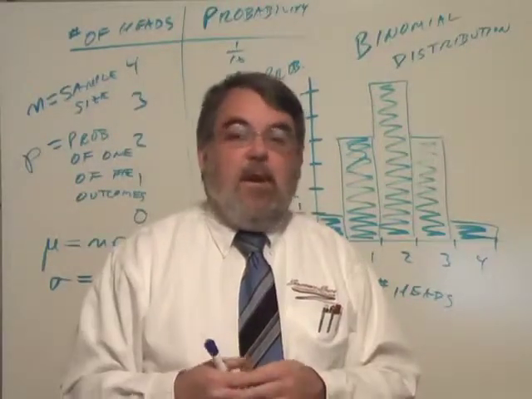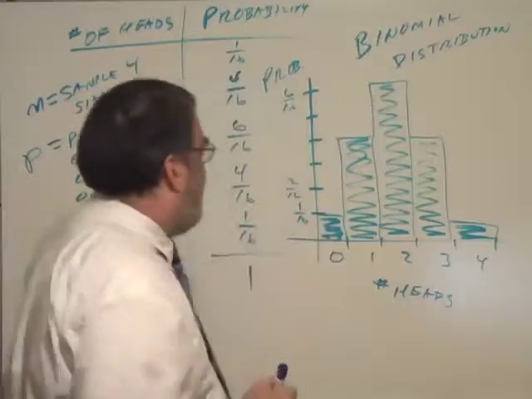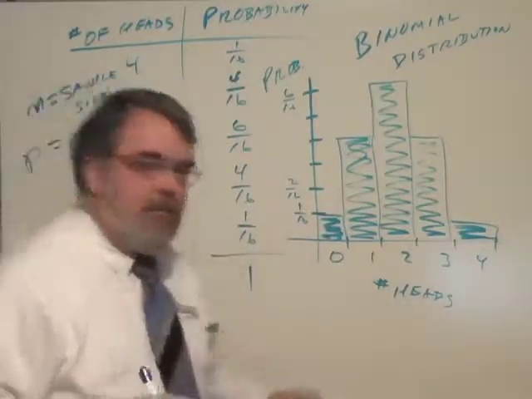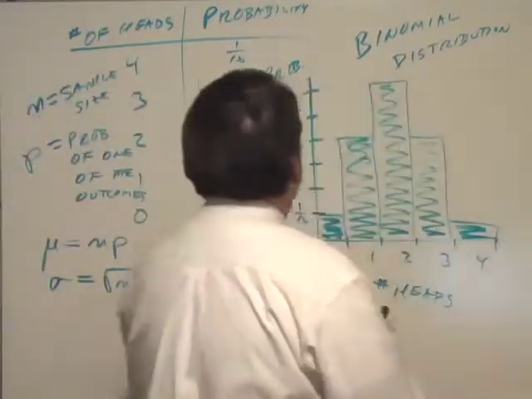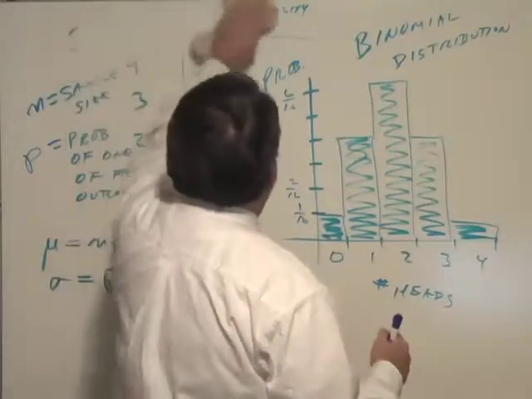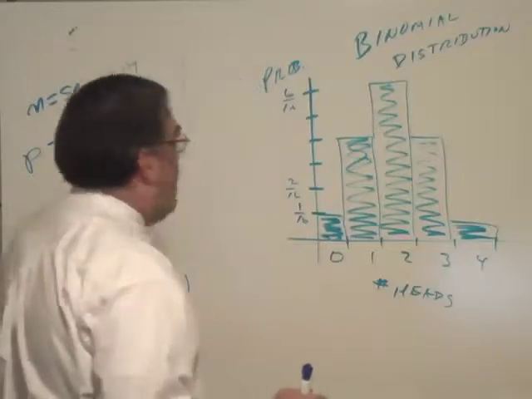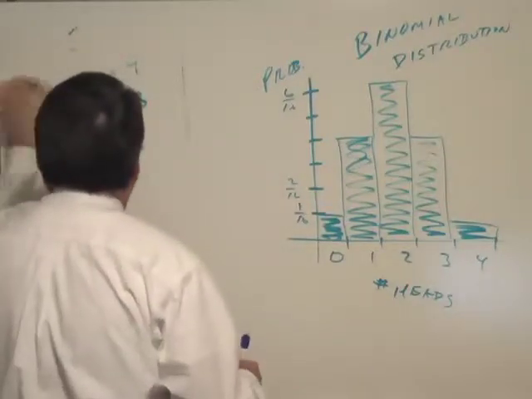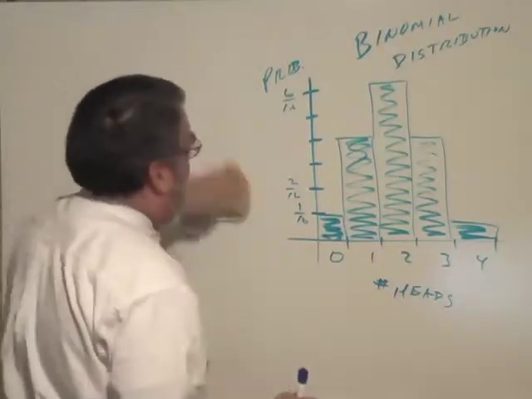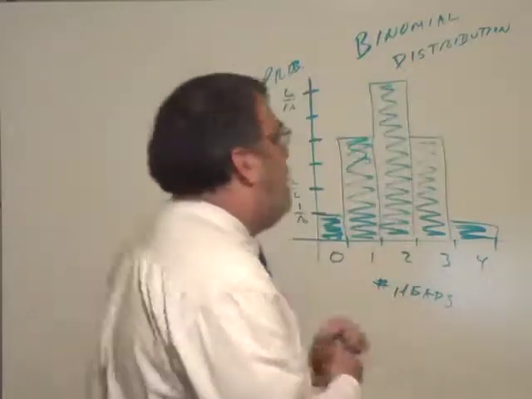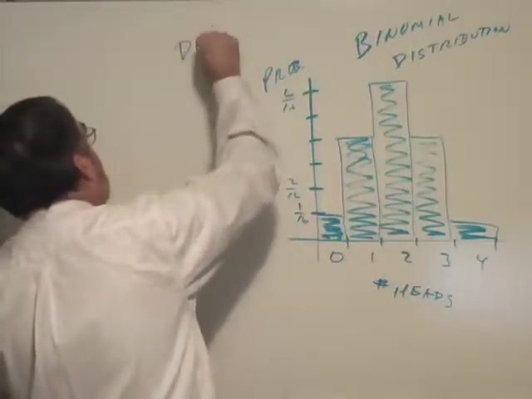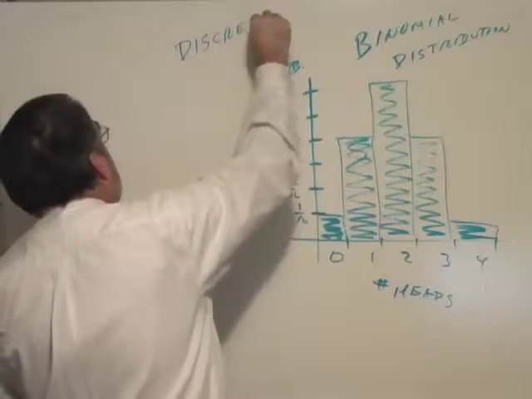So anyway, the binomial distribution is an example of a discrete probability density function or probability distribution function. Discrete means that it's choppy.